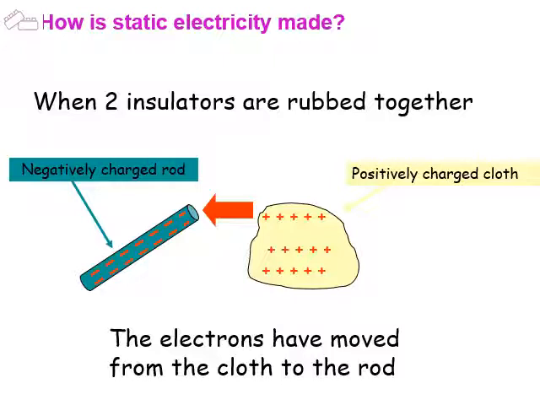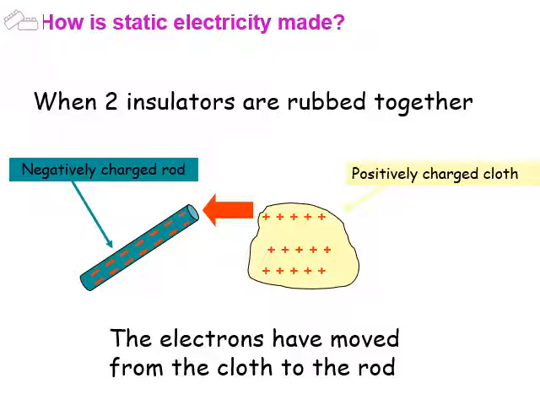I believe that was also one of your questions in the assessment, and that's also why you have an earth wire in a plug, because if something was to go wrong and the electricity was to go live, then it would travel down the earth wire to earth.